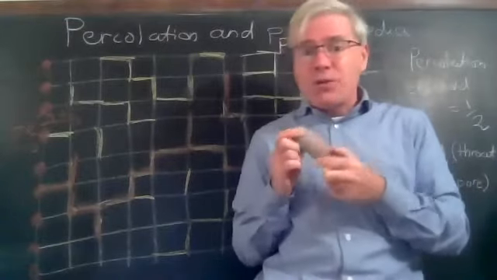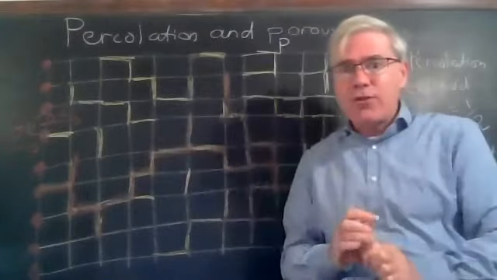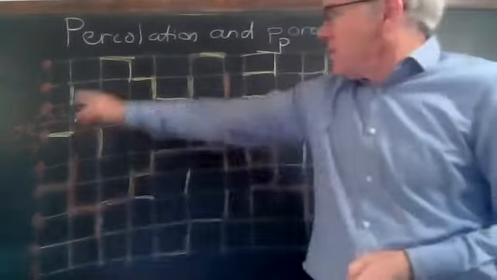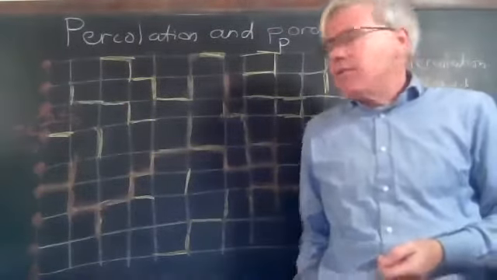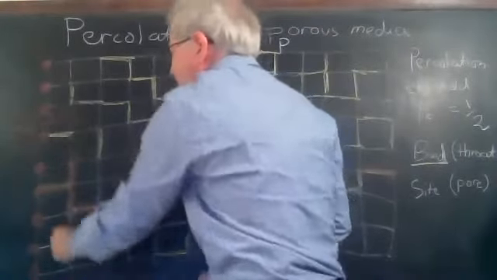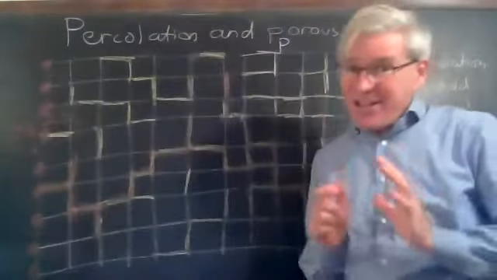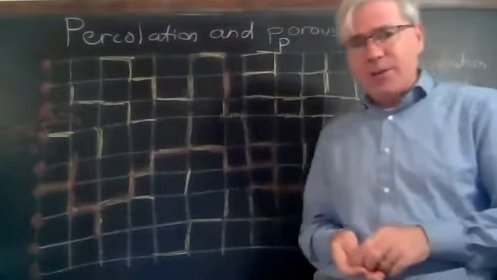It will fill the pores easily because they are wide, and it's going to be held back by the throats. So in this diagram, what throat is it going to fill first? It's going to fill the widest throat here. It doesn't like the narrow one, so it will fill the widest. That's the easiest for it to fill.